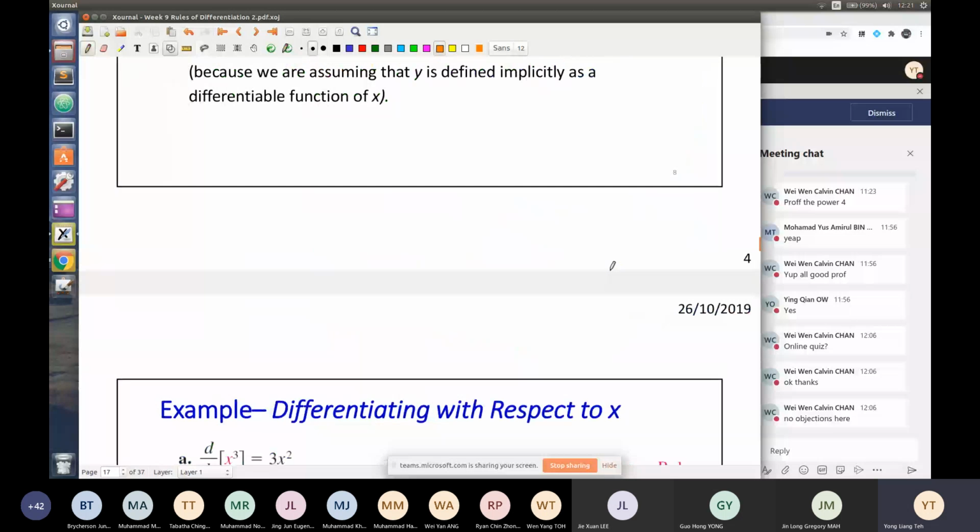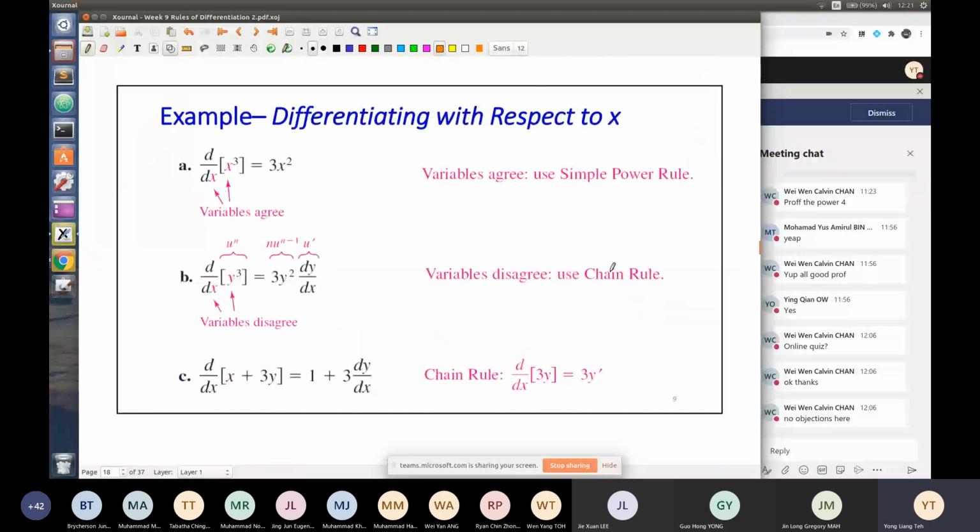So of course, we need more examples to illustrate. So you can see, this is just giving you trivial examples. Differentiate x cubed. Of course, x cubed is a function of x, so just differentiate directly. But when you're differentiating y cubed with respect to x, you can see, they say here, variables disagree.